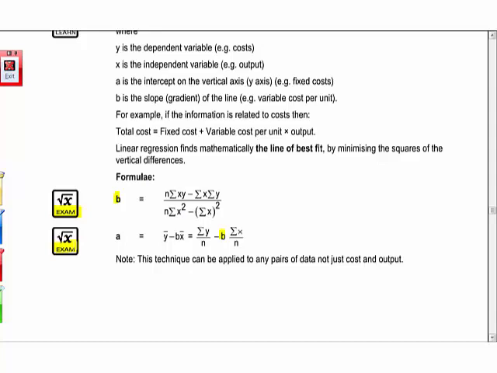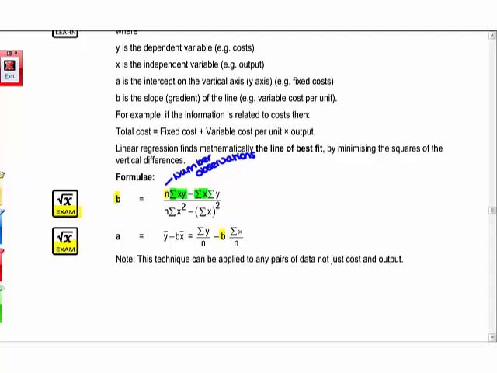But just to have a quick look, first of all, n is the number of pairs of observations. This Greek symbol here is sigma, and that represents the total. So sigma xy is the total of the x column multiplied by the y column, and we'll see those columns in a moment.